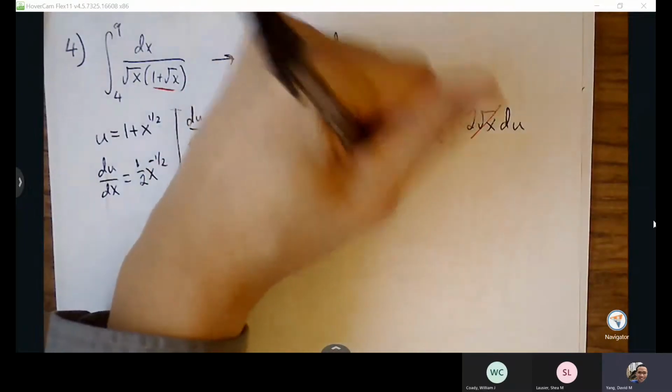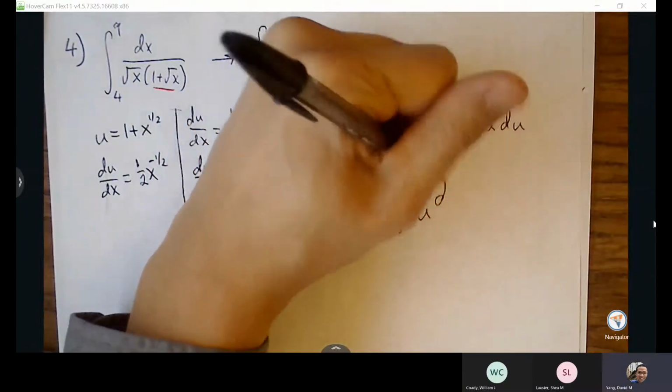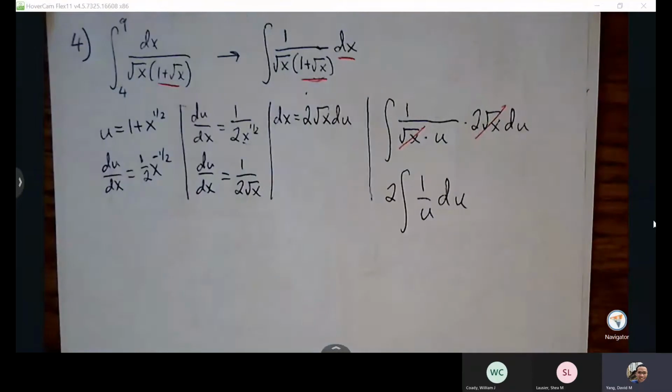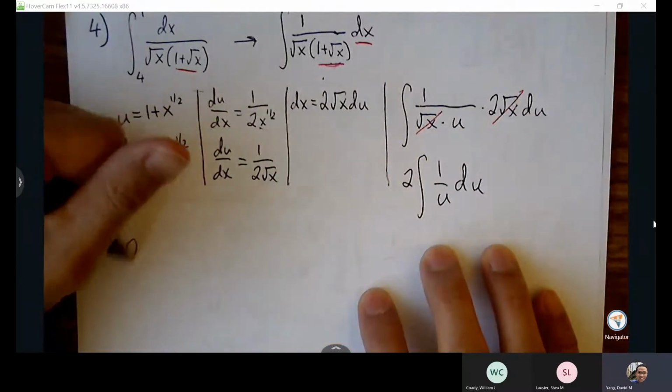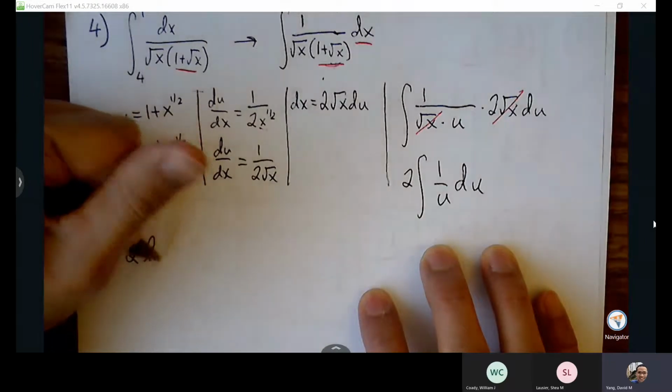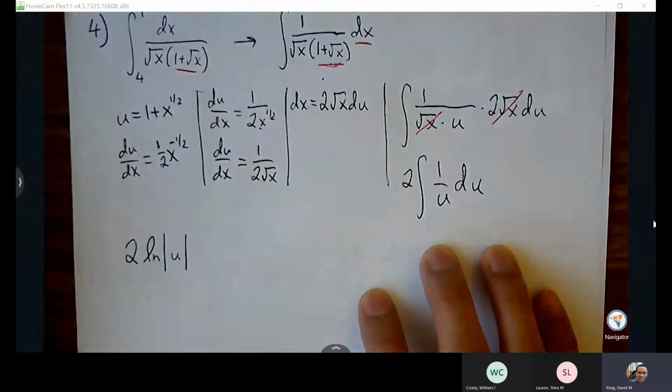Pull the 2 out in front. Okay, 2 times the integral of 1 over u du. This is a nice integral rule that we can apply, which we know is just natural log. So we have 2 natural log absolute value of u.